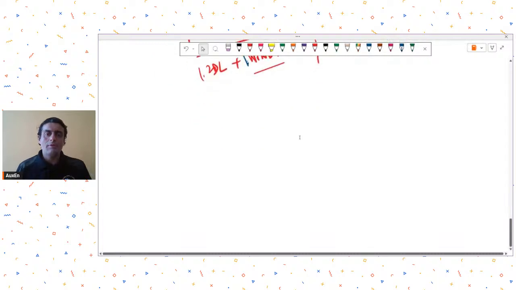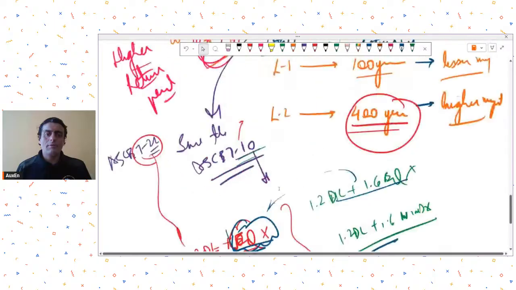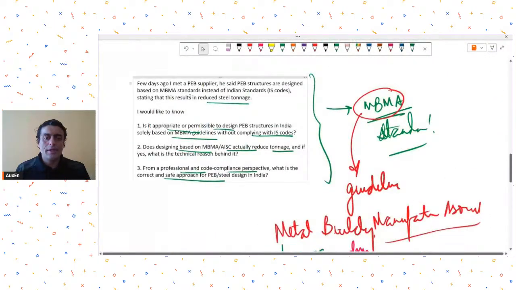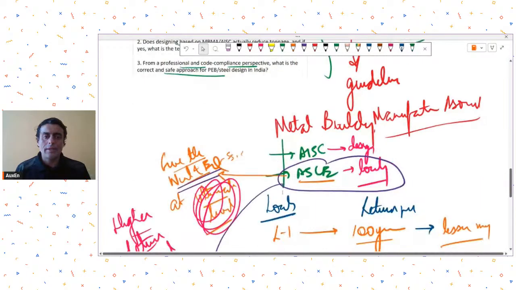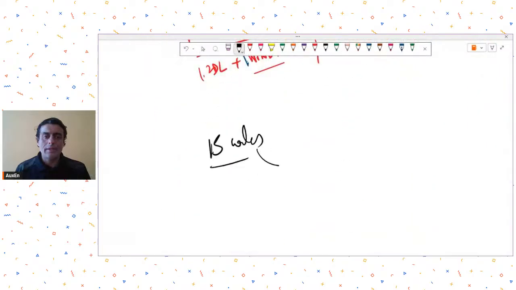Now the problem occurs when you use the IS codes. What the Indian PV industry people are doing is that they want to use the MBMA, because somehow they think that MBMA or AISC standards are to be used. The problem happens when they take the wind and seismic from IS codes.